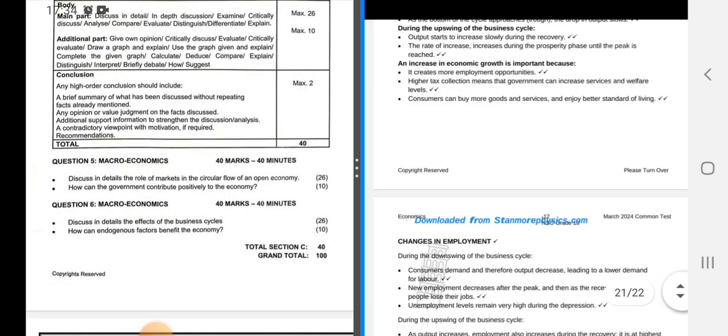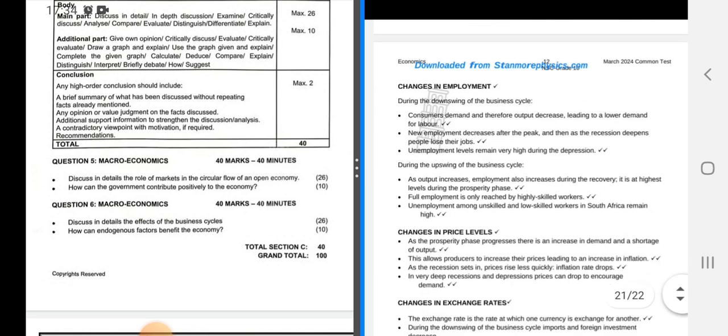With aggregate supply and aggregate demand, there are changes in economic growth. What happens with changes in economic growth? What happens with employment with regards to the business cycle? Here it says during the downswing. So you have to explain what happens during the downswing and the upswing movement of the business cycle. Because here they said during the downswing of the business cycle, consumer demand and therefore output decrease.